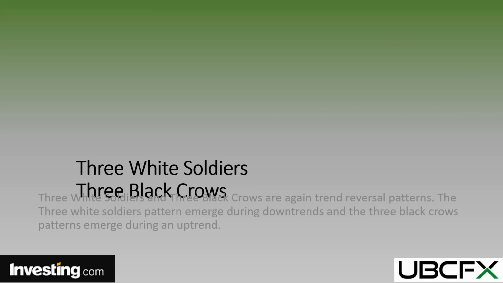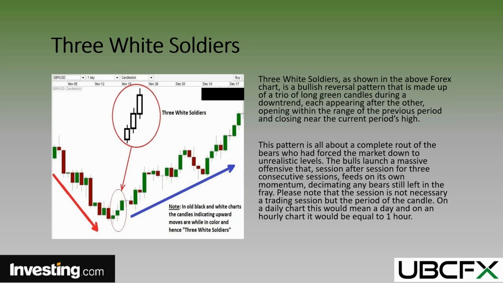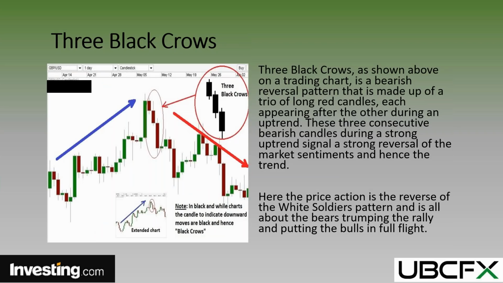But the three white soldiers appear as three steps in the opposite direction of a trend. So when we have a bearish trend and we get three candles stepping upward, that's a very positive mood telling you that downtrend is over and we're moving into an uptrend. The three black crows is the exact reverse.